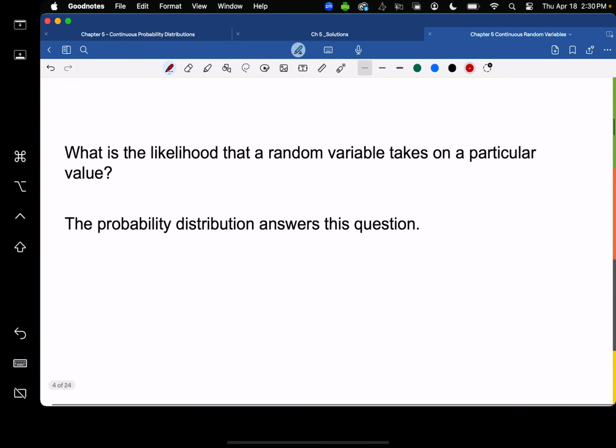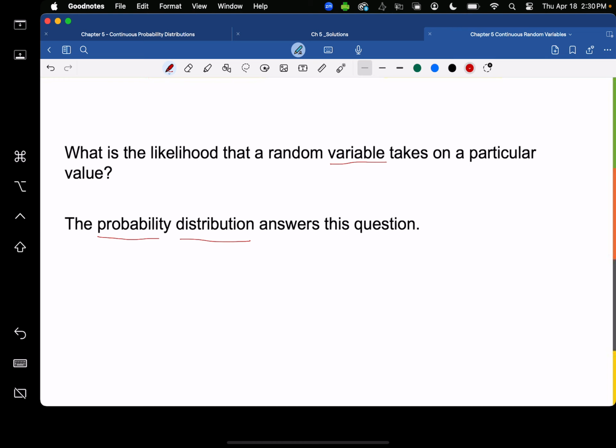Now, random variables are variables that take on values, but it's a little unpredictable which value they'll take on. However, in math, we know that there's different likelihoods for different values of the random variable. And the probability distribution answers the question, this is on your worksheet, what is the likelihood?